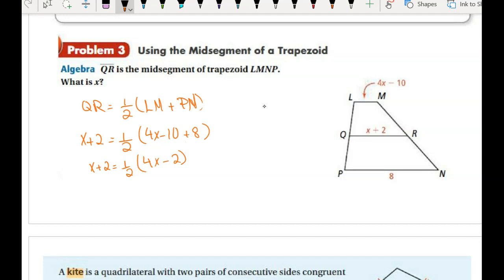I'm going to distribute the 1/2. Another thing you could do is multiply both sides by 2, because 2 is the reciprocal. In fact, I think I'll do it that way. You could either distribute the 1/2, or you could multiply both sides by 2.